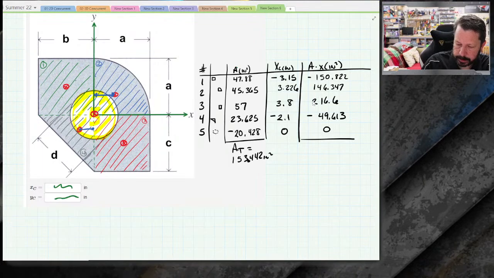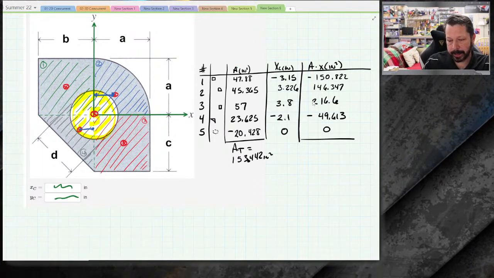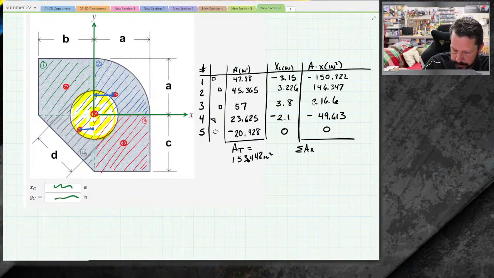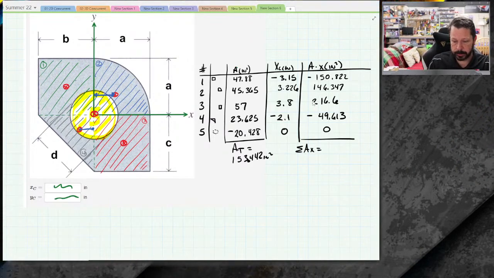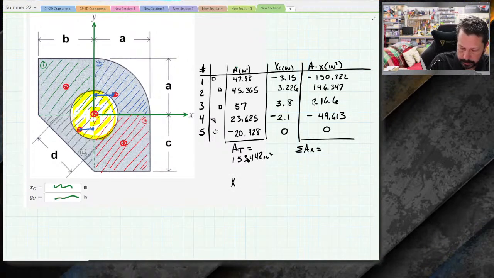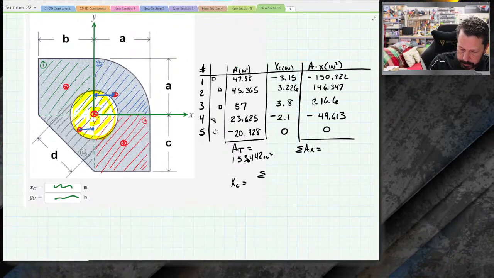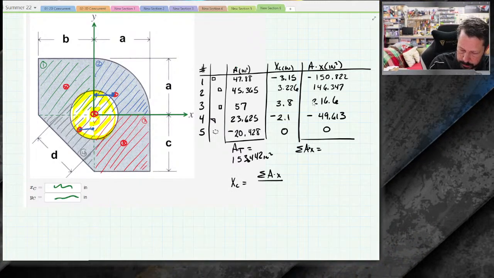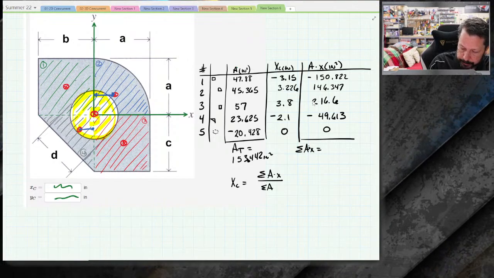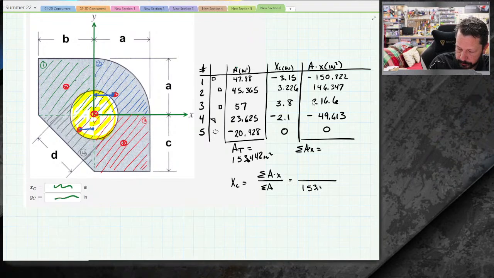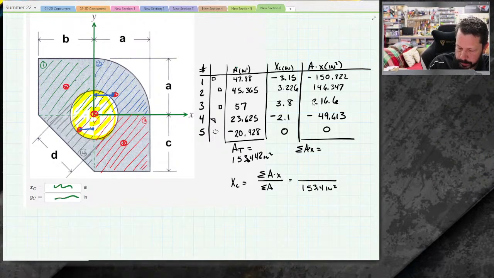If I sum that column, I will have the summation of ax, and that's the numerator for my equation. So x sub c equals summation of a times x over summation of a. I've got the summation of a, 153.4 inches squared.